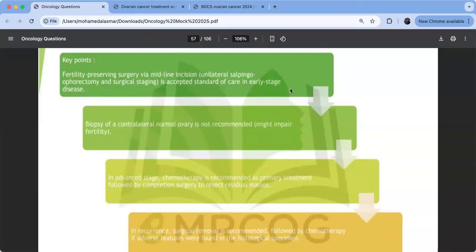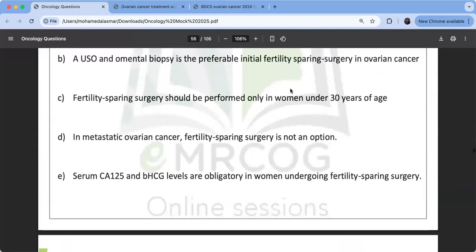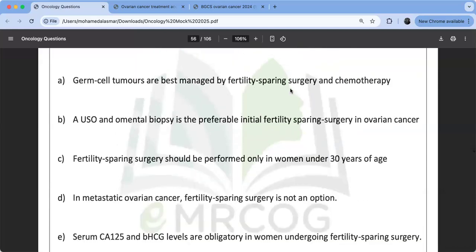My friends, can you see the screen? Can you see what I'm talking about? Okay, good. So what do you think about the fertility sparing surgery? In metastatic disease, fertility sparing surgery is not an option, right?